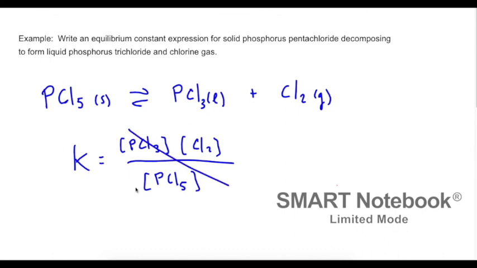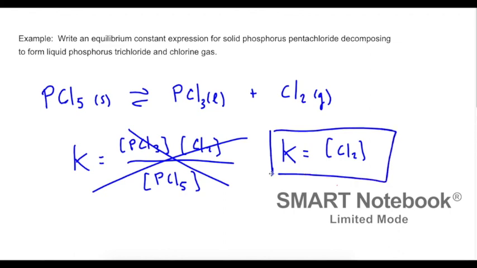So this is incorrect. The equilibrium constant K is just purely going to be my gaseous product raised to its stoichiometric coefficient of 1. That's it. So this is really interesting. This tells me that for this reaction at a given temperature, the concentration of chlorine gas that I get will always be one constant value.